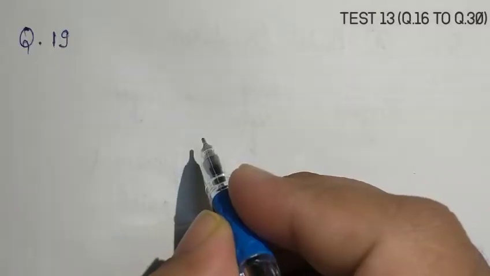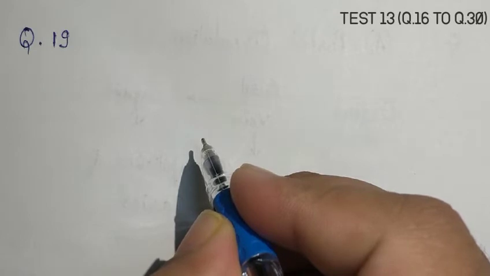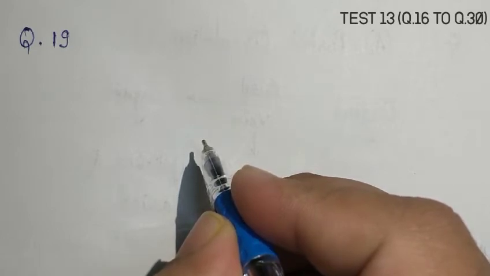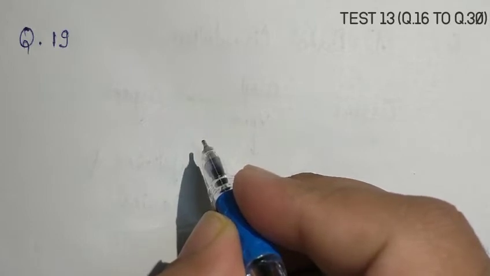Question number 19. The majority of the carbon dioxide produced by our body cells is transported to the lungs as A. attached to hemoglobin, B. dissolved in blood, C. as bicarbonates, or D. as carbonates.